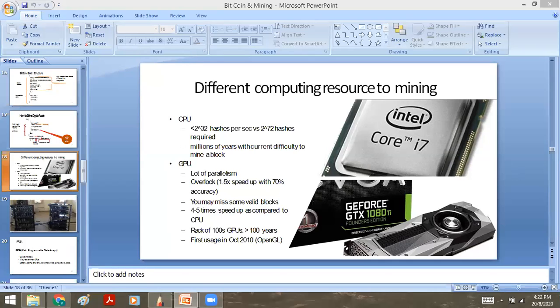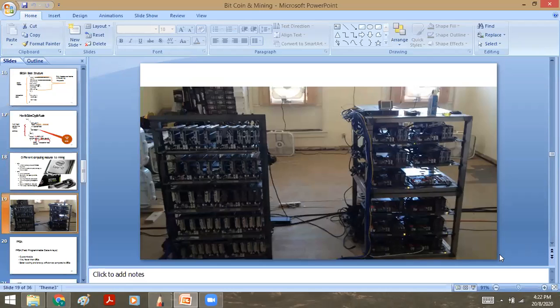Then again the difficulty kept on increasing step by step as more nodes were deployed. So what happened next?